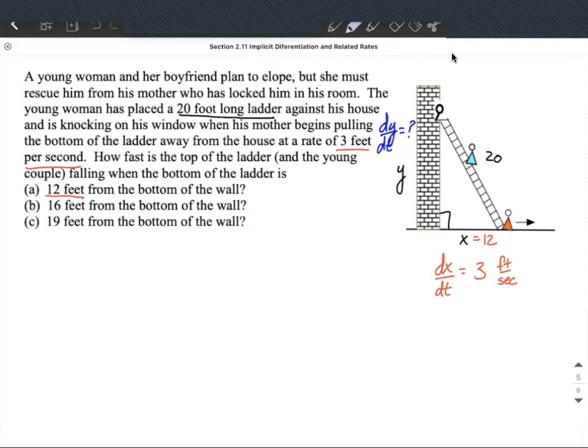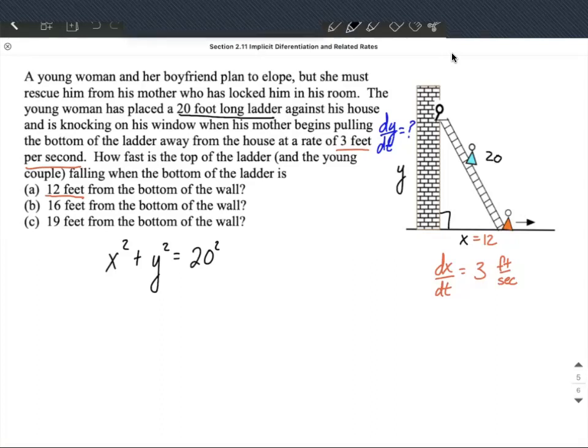So we do have a formula, the Pythagorean theorem. Lots of times we write it as a squared plus b squared equals c squared. But in our case, I'm going to say x squared plus y squared equals 20 squared. Go with me on this: the base squared plus the height squared equals the hypotenuse squared, the hypotenuse being across from the right angle.